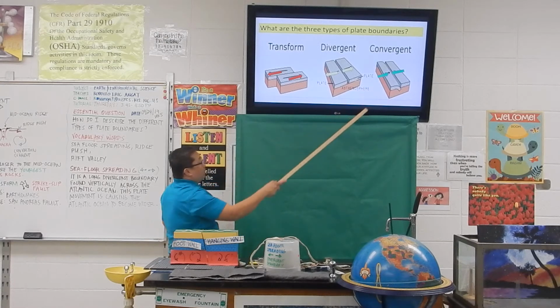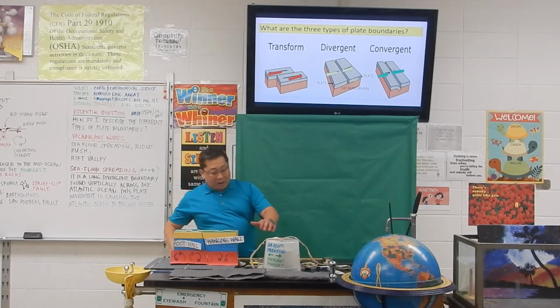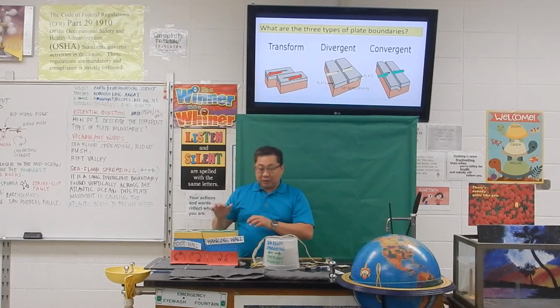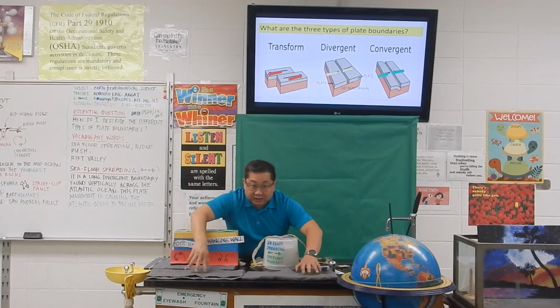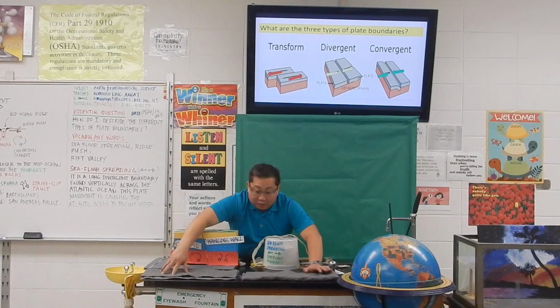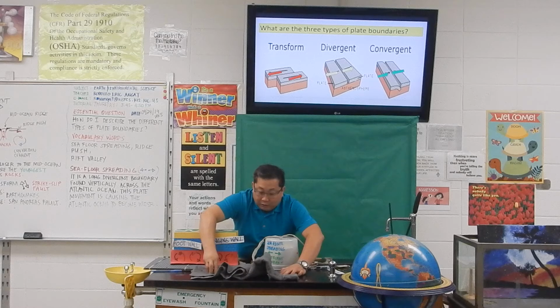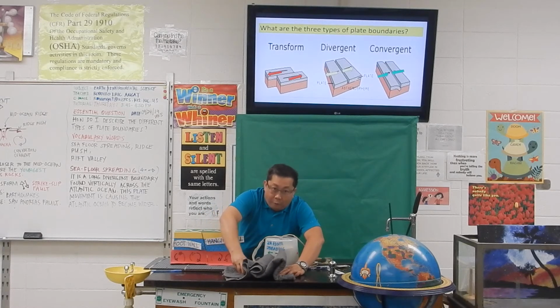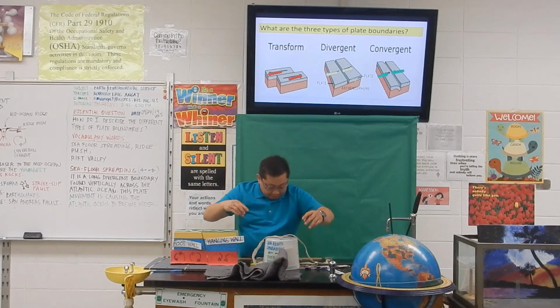And then we have the convergent boundary. In a convergent boundary, two plates like this collide. When they collide, they fold and mountains form. This is what happens in a convergent boundary.